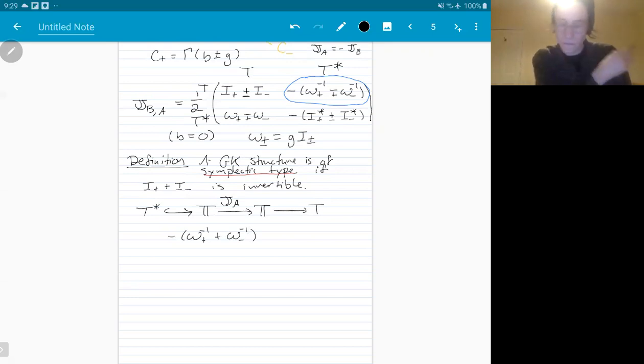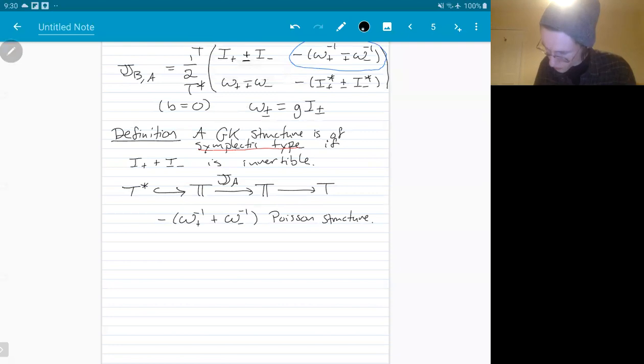And I think Marco discussed it last time, that this map, which is the top corner, is an invariant structure that doesn't depend on the B-field transformations, and it's a Poisson structure. So this here is a Poisson structure. And let's actually use this formula here to write it out.